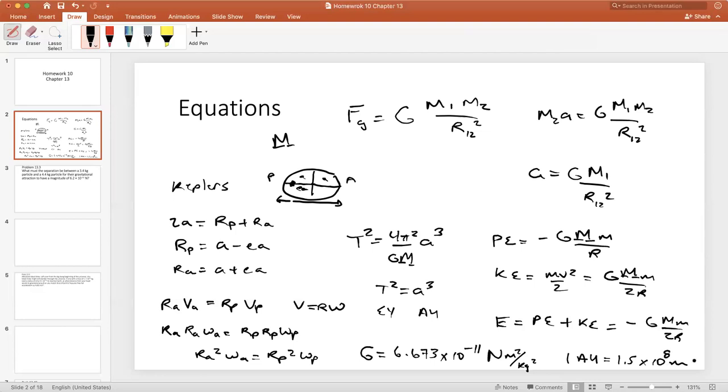Let me make sure of that. 1 AU is 1.5 times 10 to the 11th. Yeah, I had a feeling I had that wrong. Okay, so we're all good.